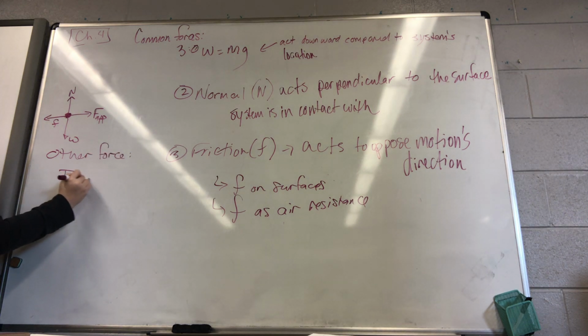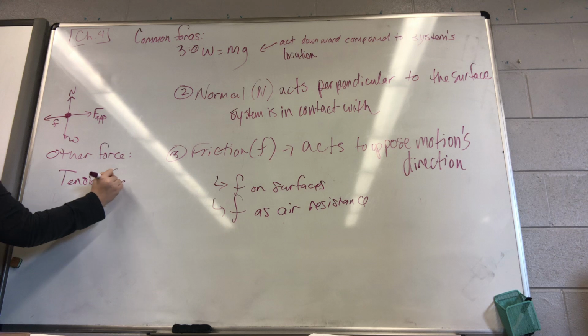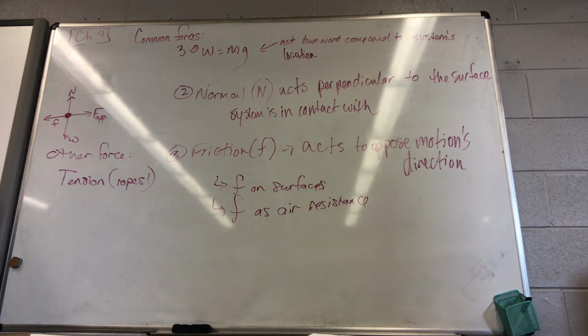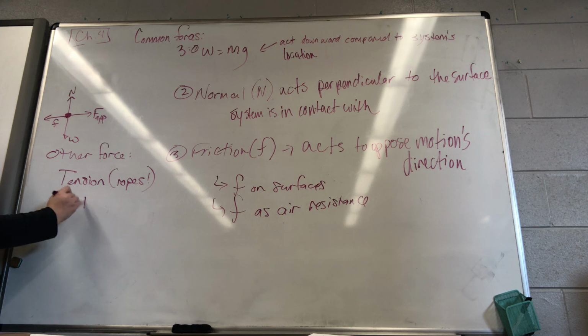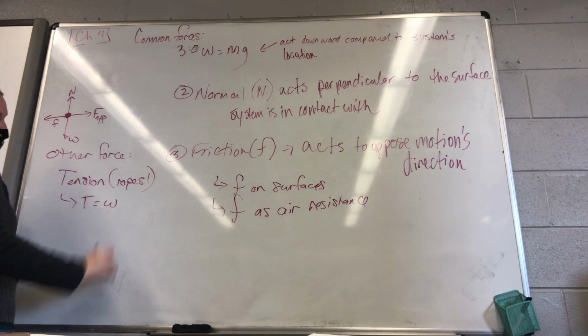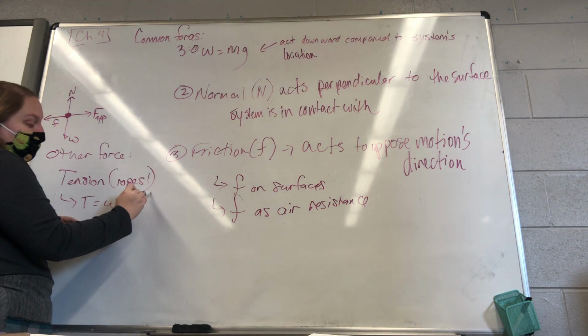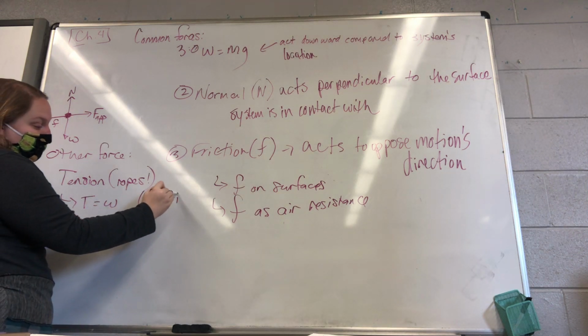Tension, typically in ropes or elastic situations. Tension will be present when something is hanging. Sometimes it's going to be equal to W when the situation is an object that just hangs.